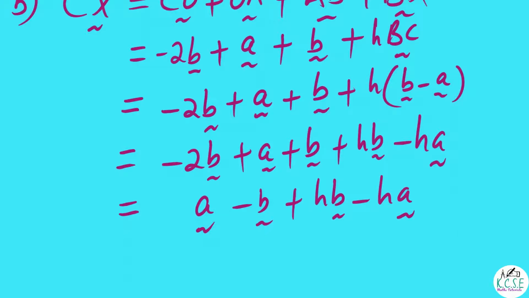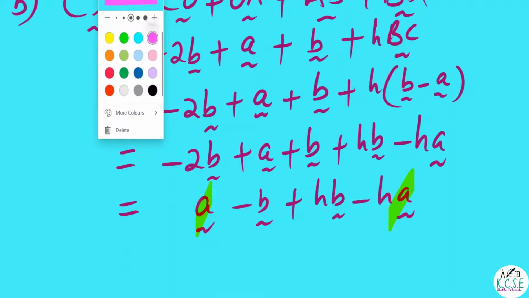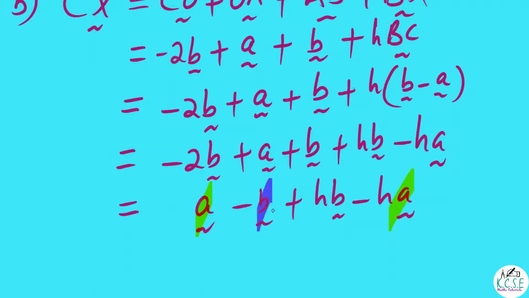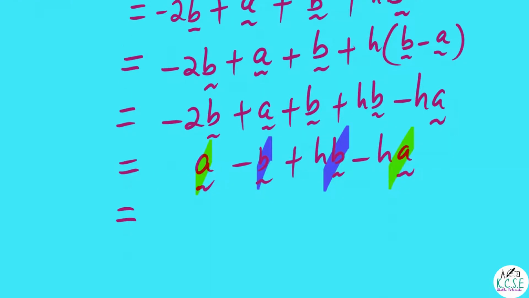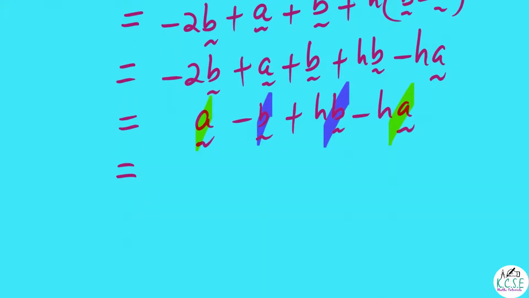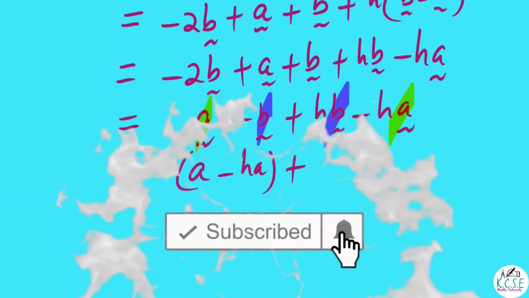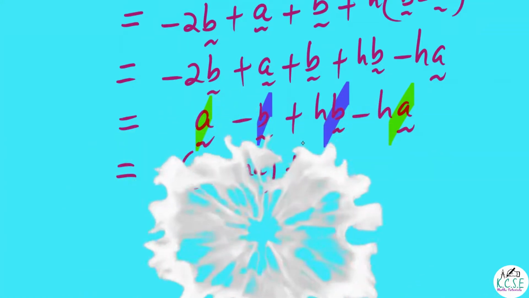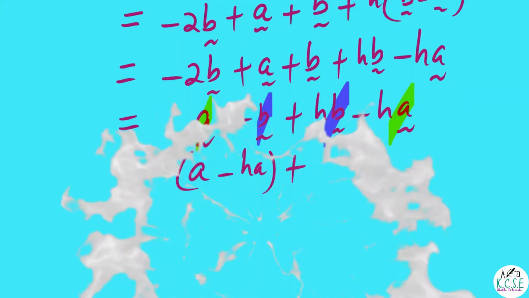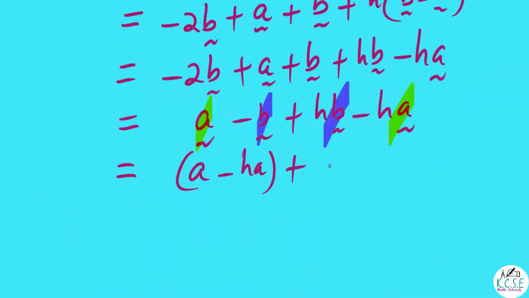So we can group together the terms that have A, and then the ones that have B. So we have A minus HA plus the ones that have B, minus B plus HB.